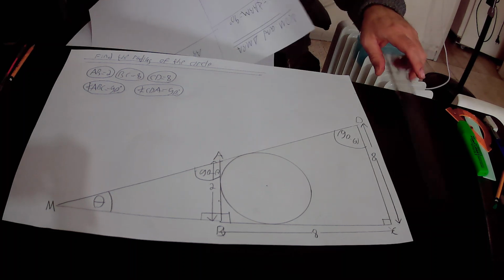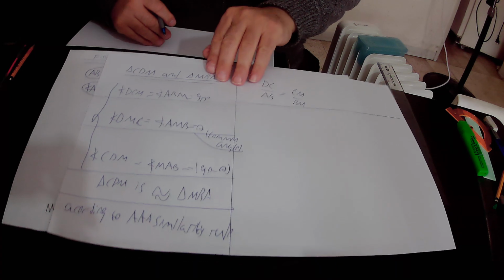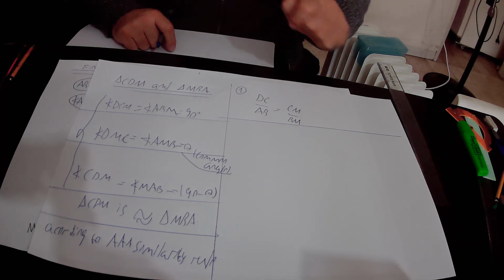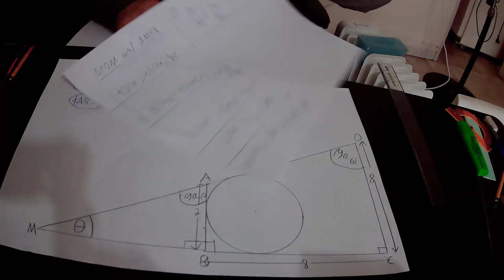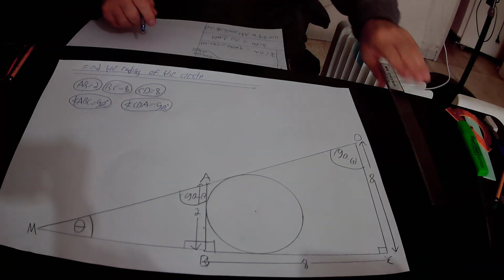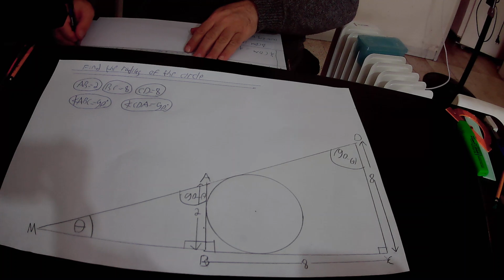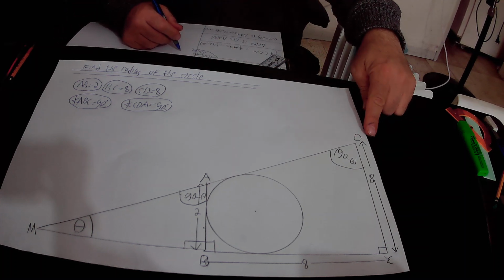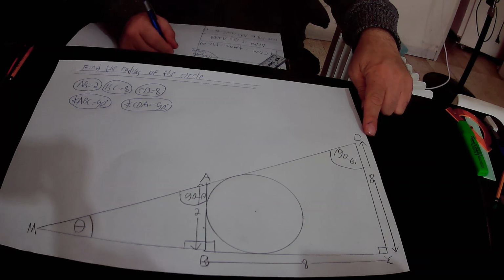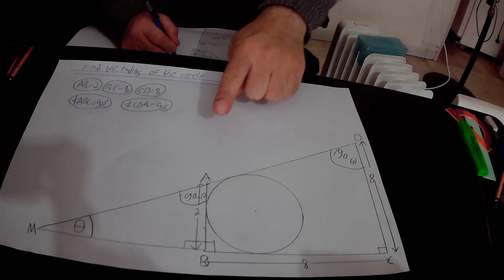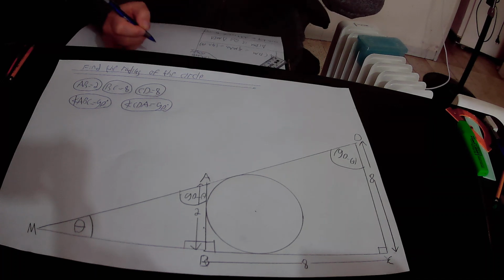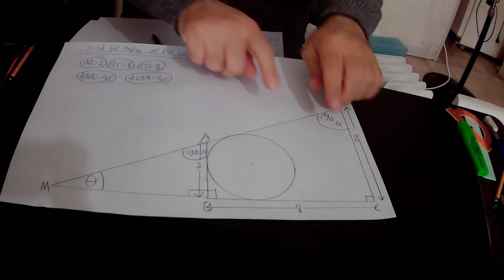Repeat again. We have that DC over AB equals CM over BM. This side DC equals 8 units in length over AB, AB equals 2 units in length, and it equals CM over BM.